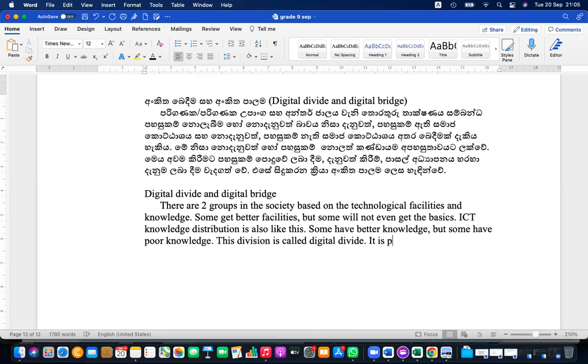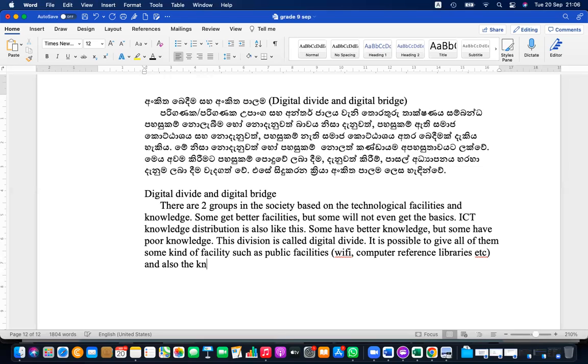It is possible to give all of them some kind of facility, such as public facilities, Wi-Fi, computers, reference libraries, etc. And also the knowledge.